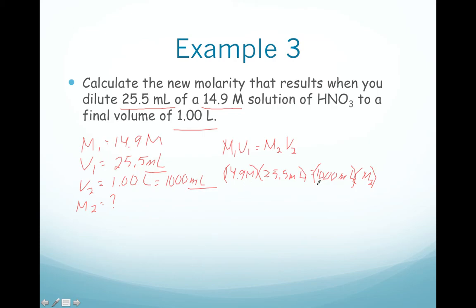So I'm going to multiply these two and then divide by my 1,000 milliliters. And on this side, my milliliters are going to cancel, so I'm left with molar. So if I take 14.9 times 25.5 and then divide that by 1,000, I'm going to get an M2, sorry, my apologies.